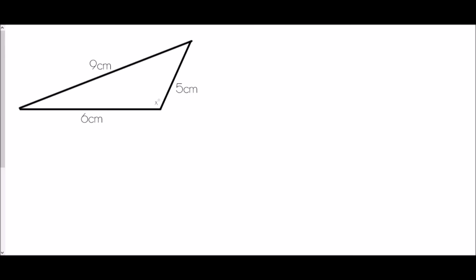Next we have a question where we're trying to find the size of an obtuse angle, x here. Now, if you've seen the video on the sine rule, you'll notice that there is an issue with the sine rule and obtuse angles. I just wanted to have a look at obtuse angles when it comes to the cosine rule.